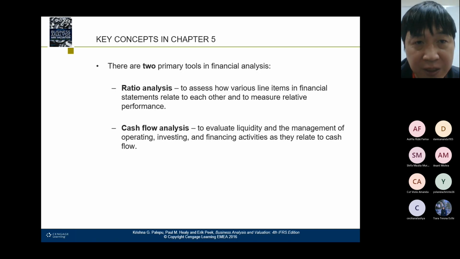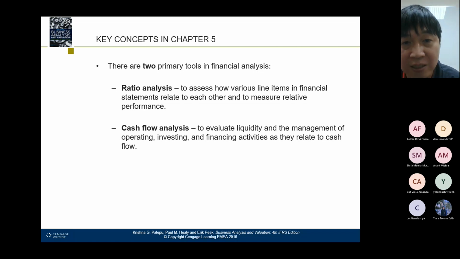Chapter 5 provides two concepts. The first one is the primary tool of ratio analysis. What is ratio analysis?